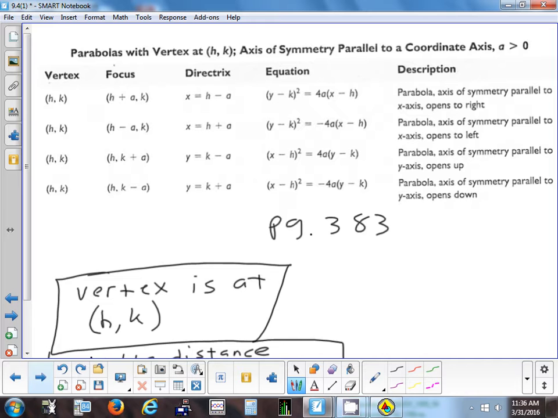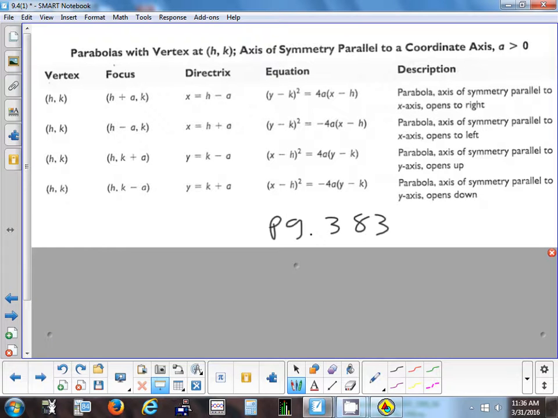All right, so last thing we're going to look at is what happens when we shift it. Now, if you're going to put a table on your reference sheet, this is probably the table to put. Because if you don't shift it, we just let 0 be the values for the vertex. So your vertex now isn't necessarily at the origin.